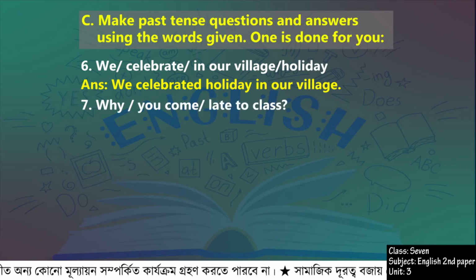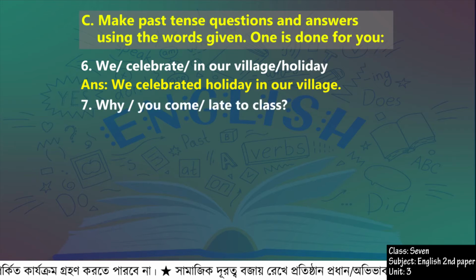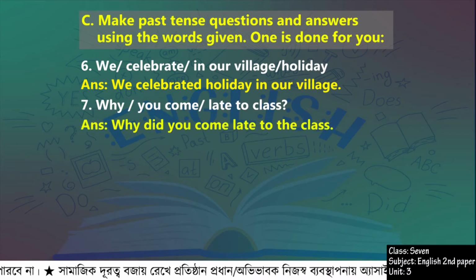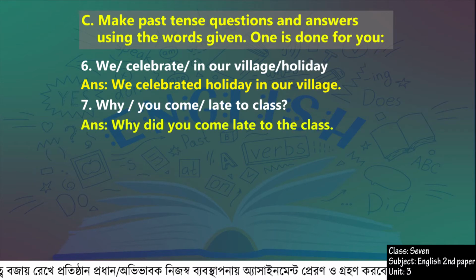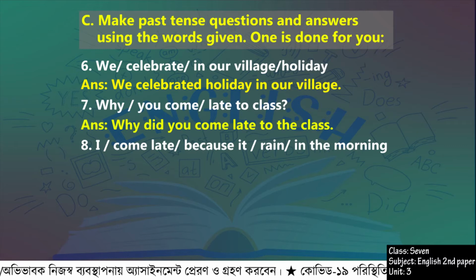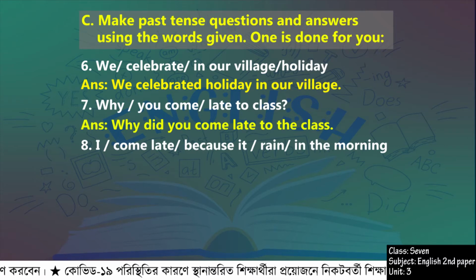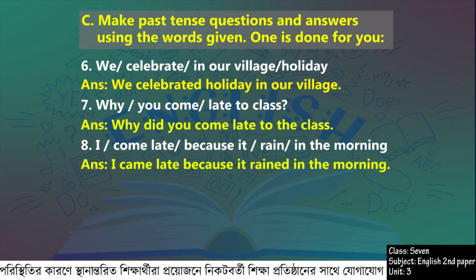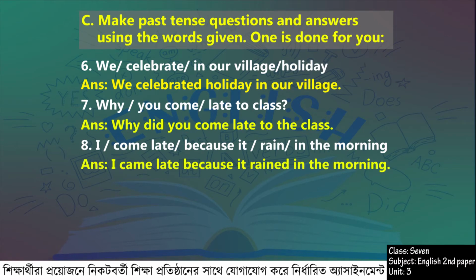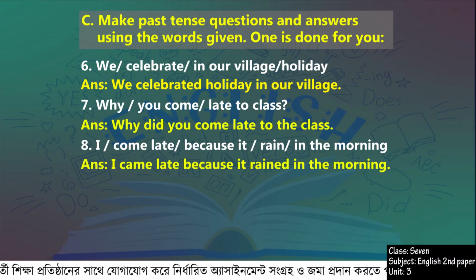Number 7. Why you come late to class? It will be, why did you come late to the class? Number 8. I come late because it rained in the morning. It will be, I came late because it rained in the morning.